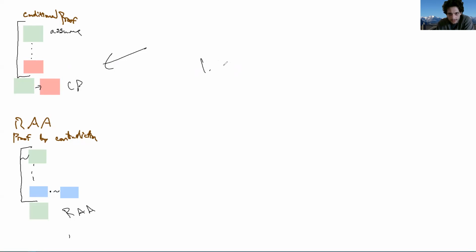So the idea is if we had something like if P then Q, not Q, and R or something like that.